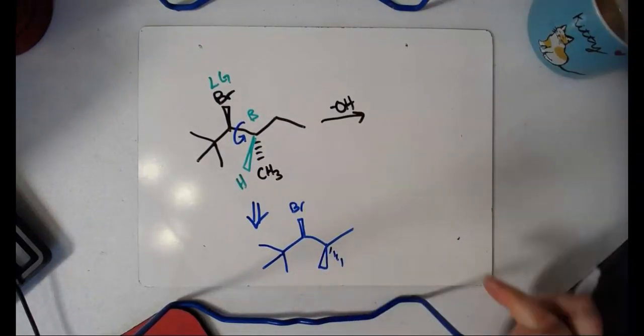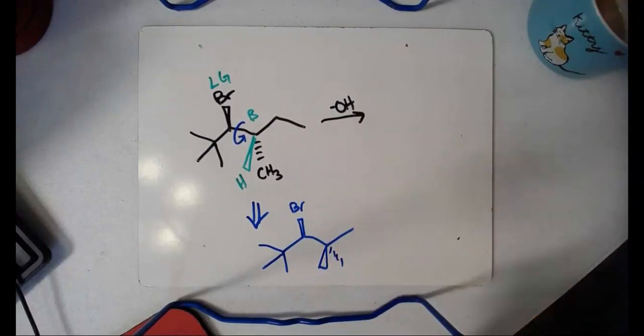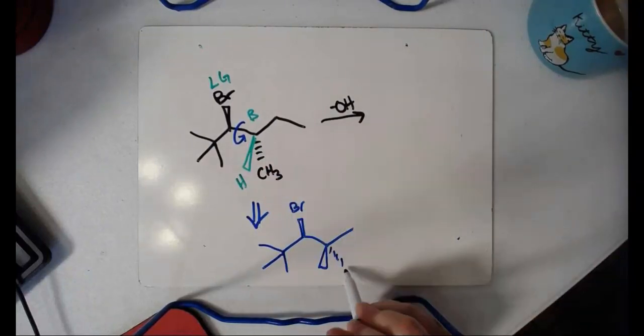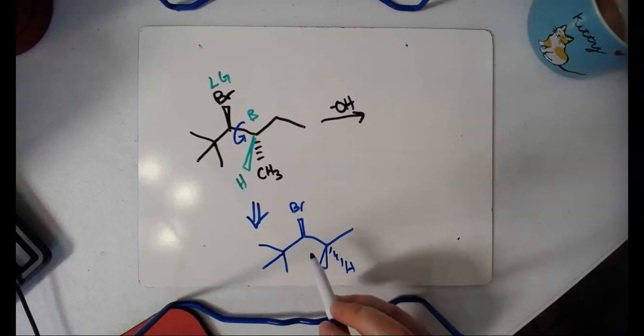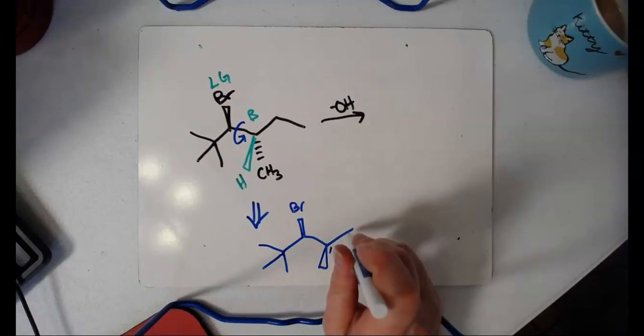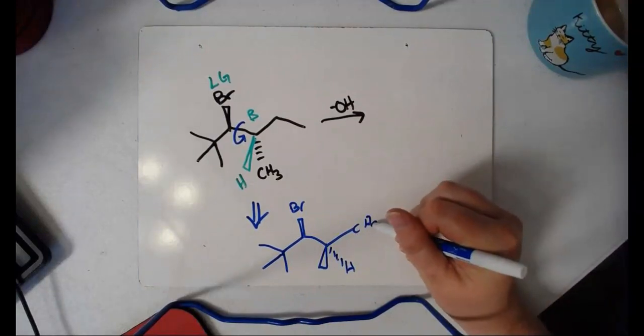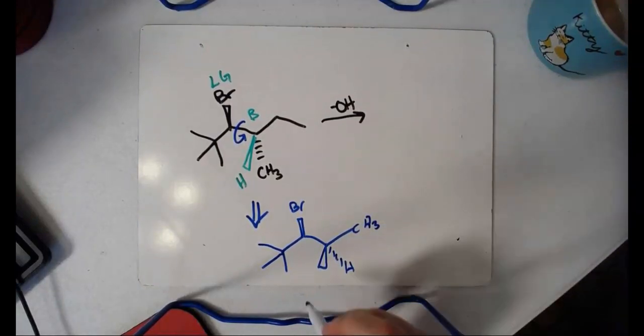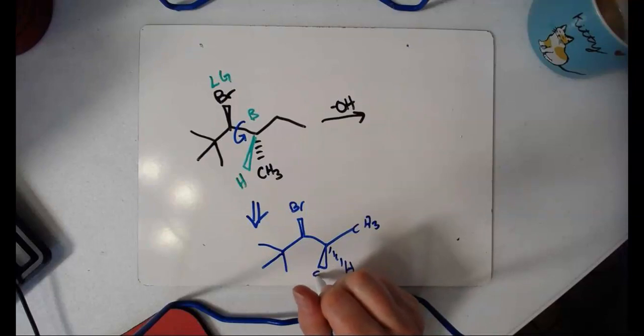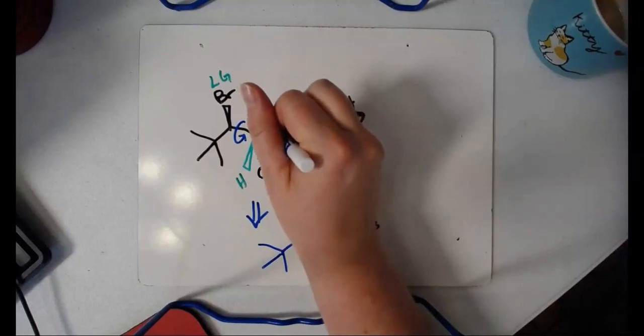So there's my pieces. I'm just going to fill them in. So if my hydrogen is rotating to the dash, then that means my dash is rotating up to this straight line. And my straight line is rotating down to the, this is an ethyl group. And so this is what we end up with.